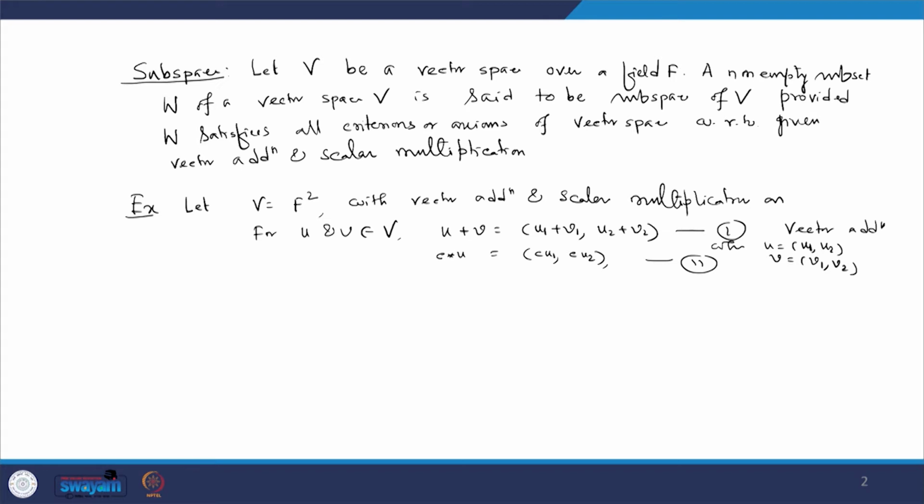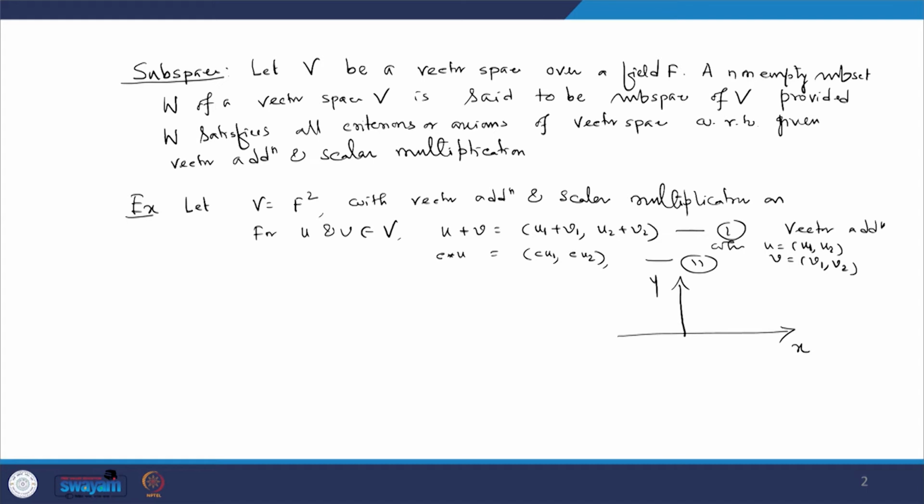So, if I consider it geometrically, my V equals F2, if F is equal to the real numbers, I can say this is simply the xy plane, all points in the xy plane.